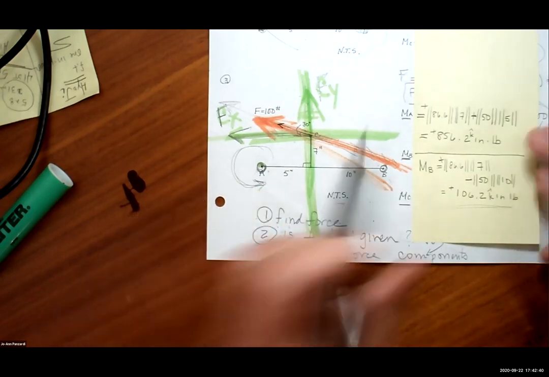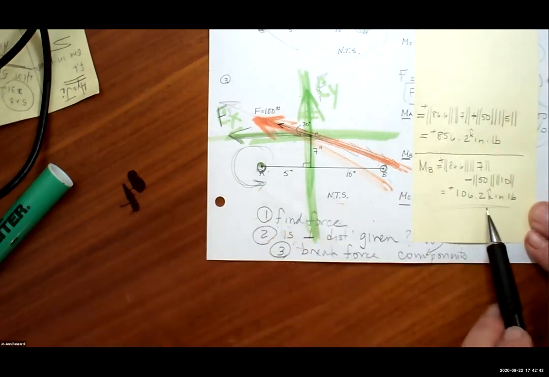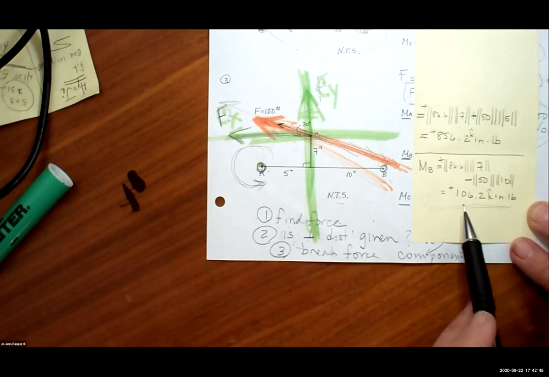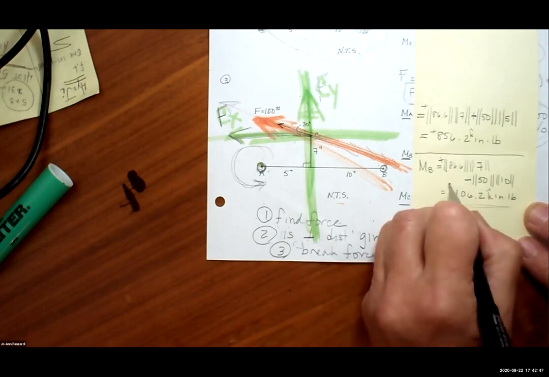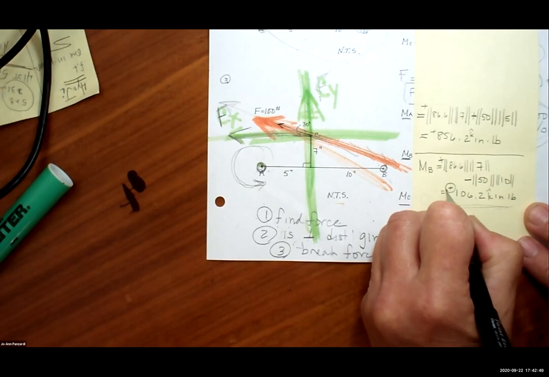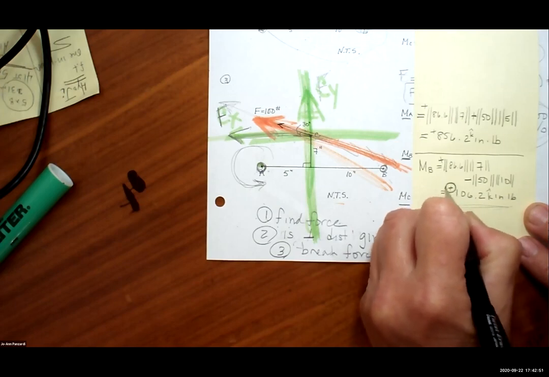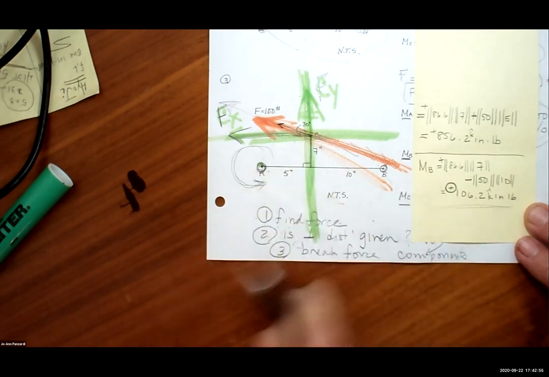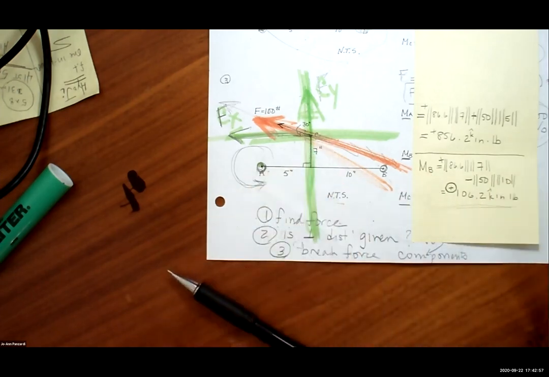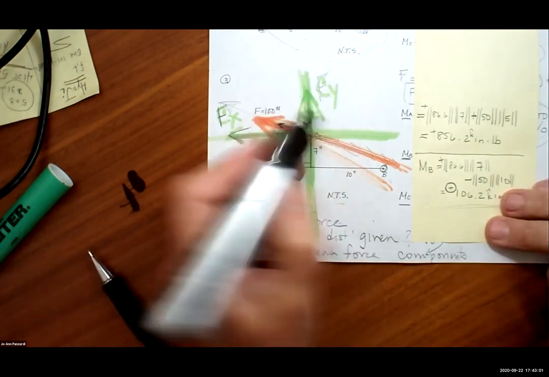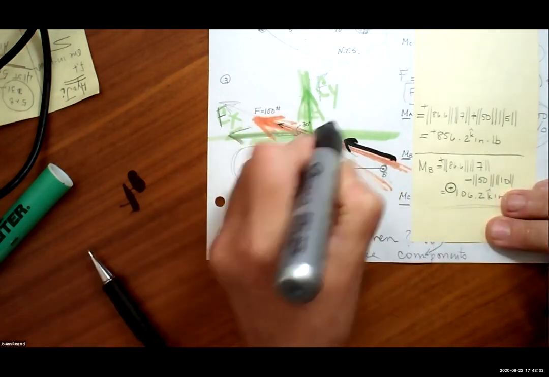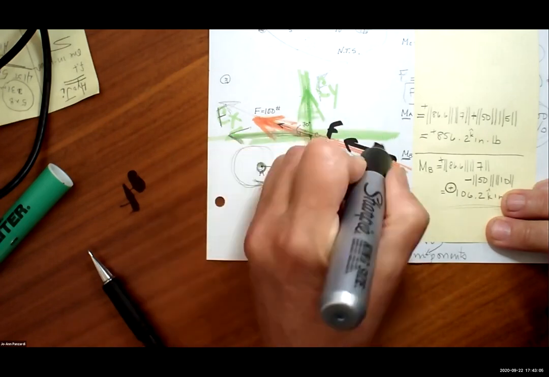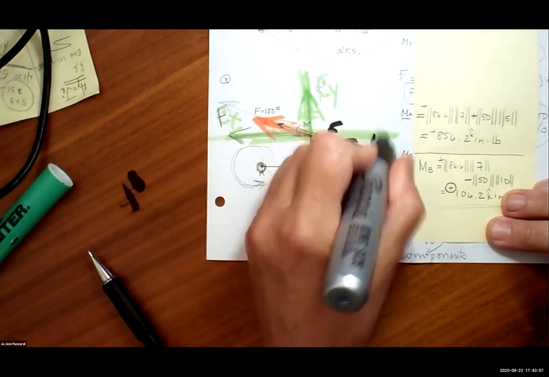Okay, now, here's the question, and this is where I think Jason was going. I got a positive. Nobody call out the answer. I want to give you time. We got a positive moment about B due to this force. Does that mean F is in position 1?